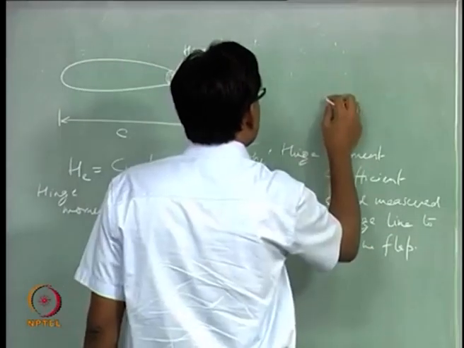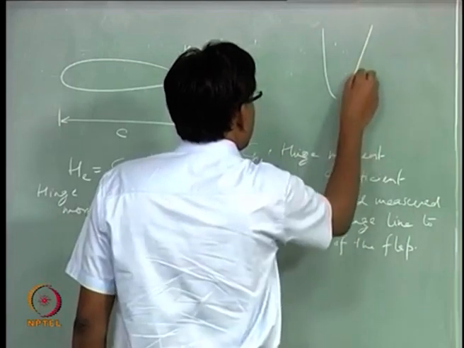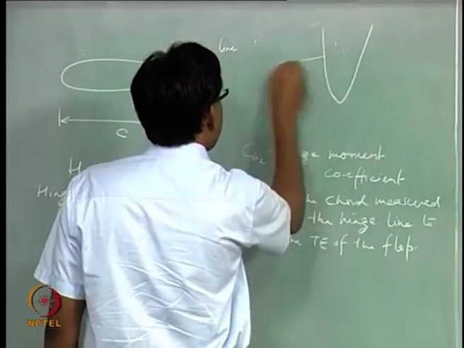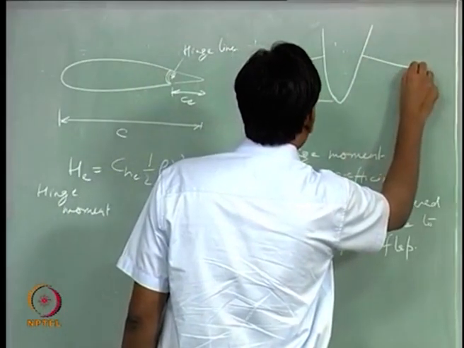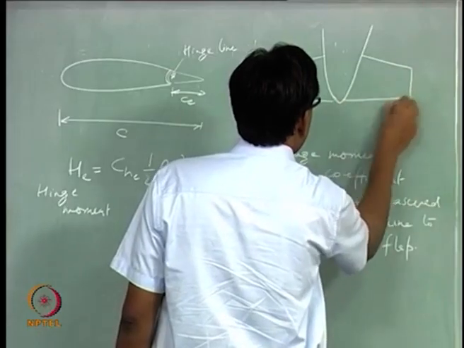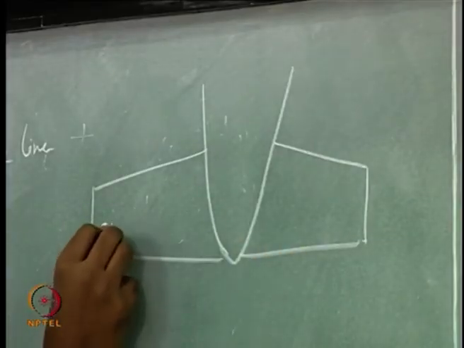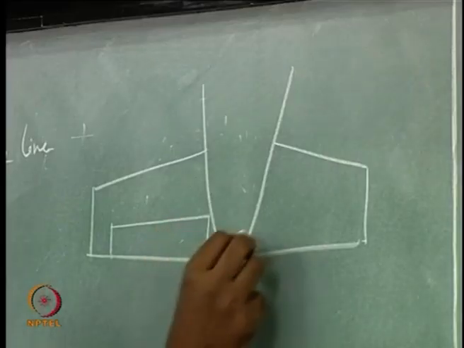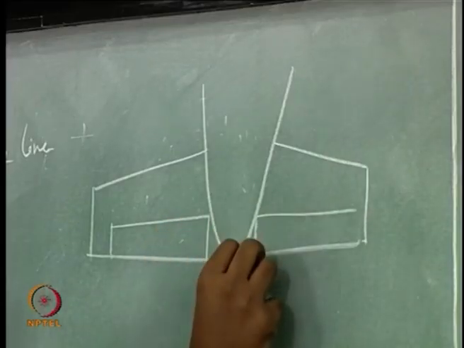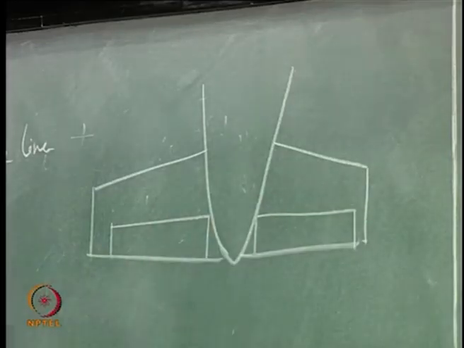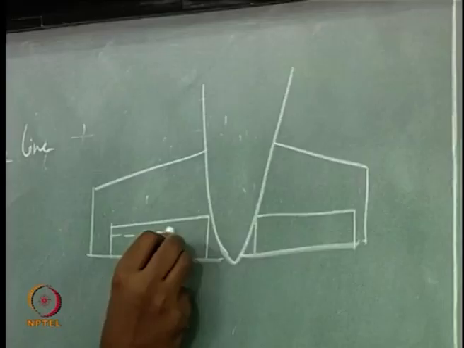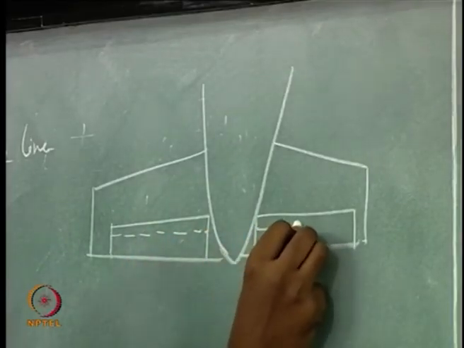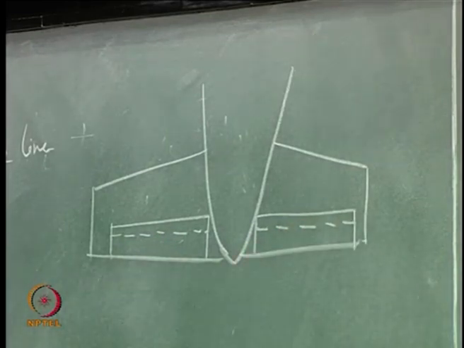Okay. Let me draw this picture which will make things clear. So, this is your elevator, right, and hinge line is this. Okay.